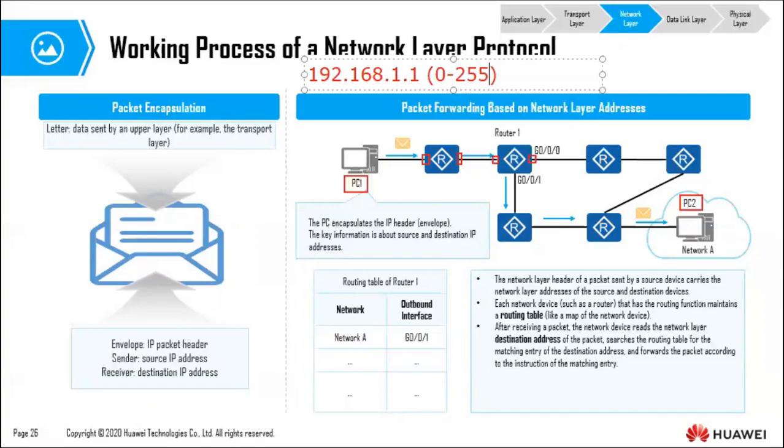Are we together? It simply means that the very first IP address in IPv4 is 0.0.0.0, and the last one is 255.255.255.255. These are some of the special IP addresses which we are going to look at later.